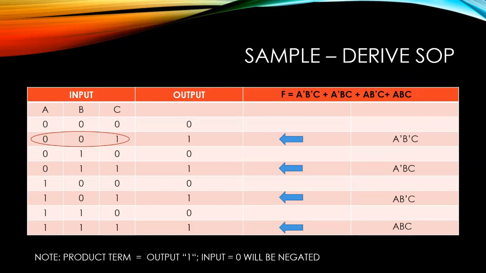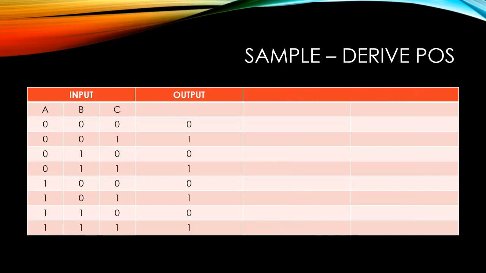So now, instead of considering 1, we're going to consider 0 output. All input that yields an output of 0 will be considered in our POS. So which are 0, 0, 0, 0, 1, 0, 1, 0, 0, and 1, 1, 0.